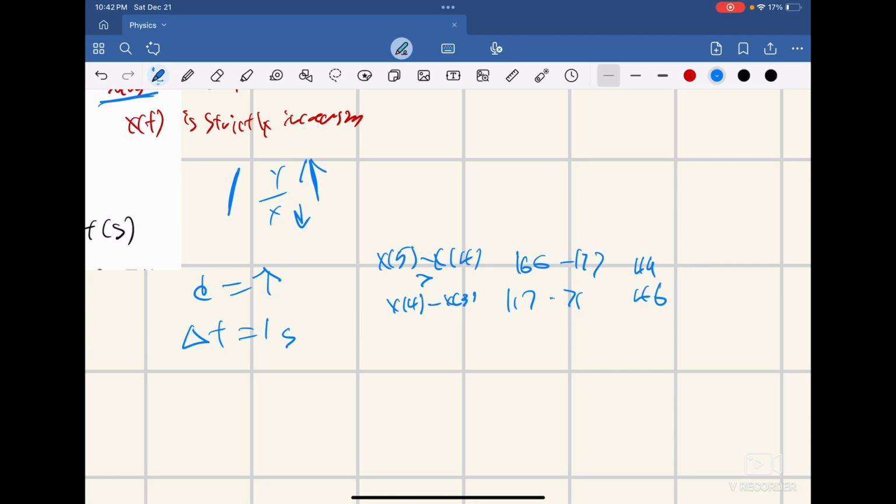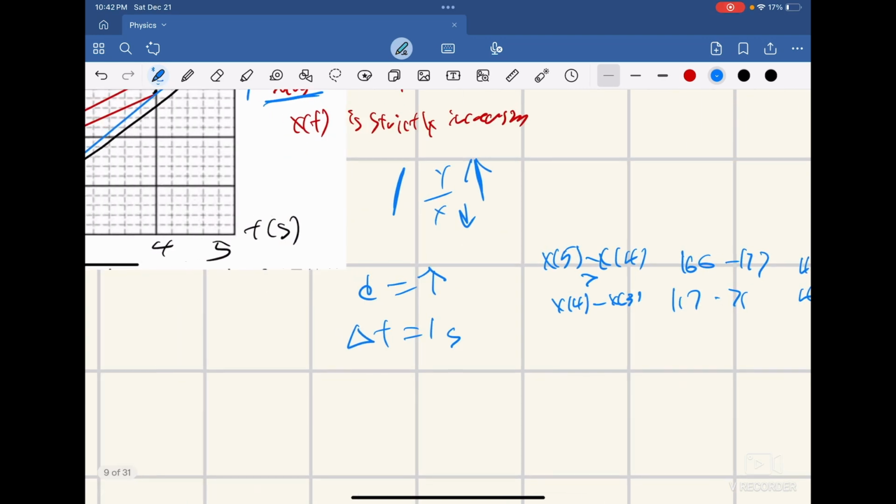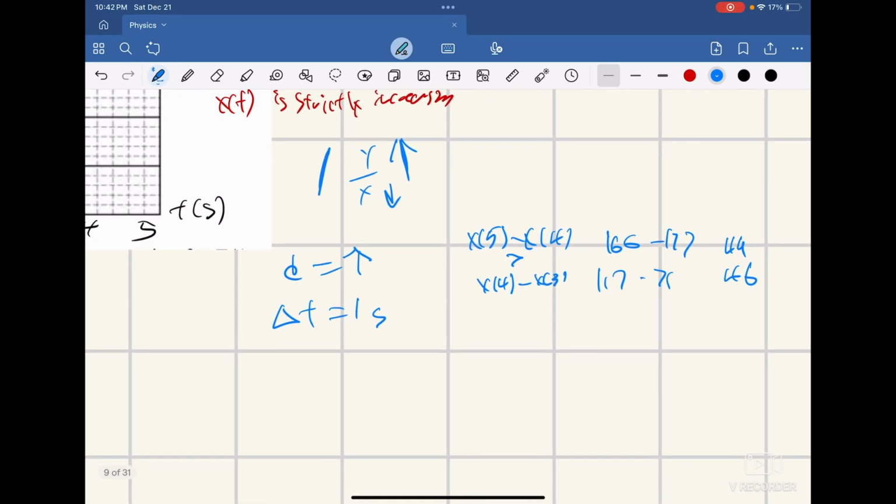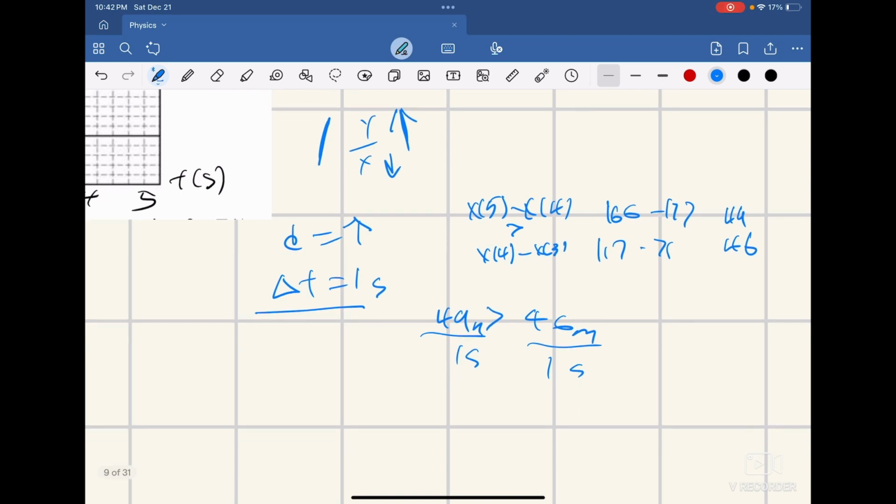As I said, this proves that x at 5 minus x at 4 is greater than x at 4 minus x at 3, right? And as you can see, since d is greater than 46 and delta t is always going to be 1, we see here that the average speed is greater as the time interval increases.